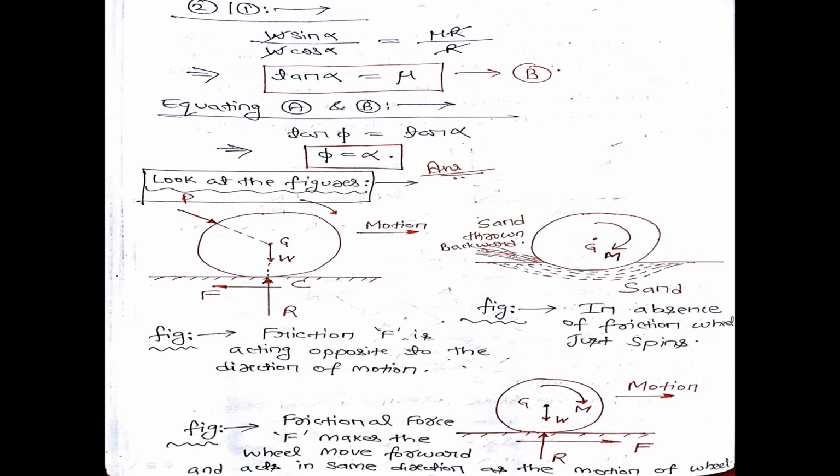The surface will give a normal reaction to this ball in upward direction from its center of gravity, that is nothing but capital R. But the difference is, in the first figure you have applied an inclined force P, और इस force P की वजह से ball इस direction में move कर रहा था. Fine. But in the third case, I am not applying any kind of force.